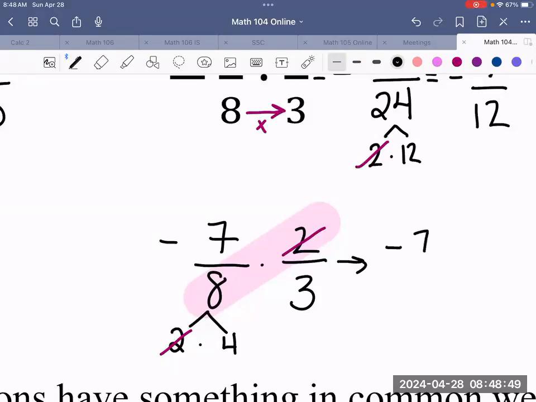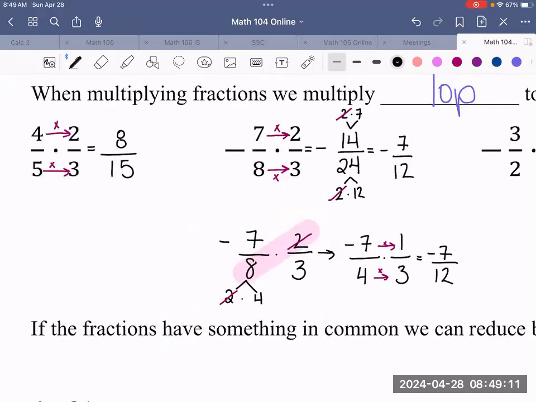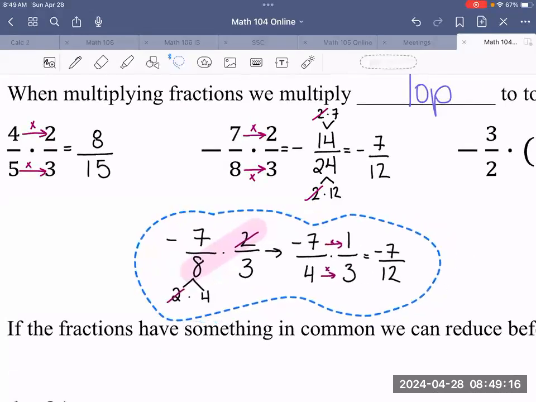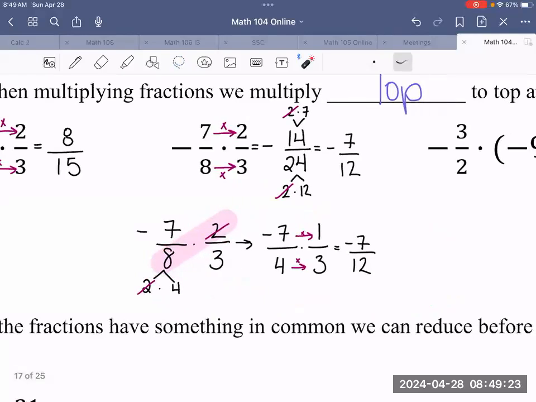So we have negative 7 times, and anything that you cancel is just kind of a placeholder of 1, 4 over 3, and now we can multiply straight across. So you have equals negative 7 over 12. Now those two should match as long as you've done them correctly. So I would say as best you can, just try and recognize if there's something to the diagonal, we can then try to cross it out.